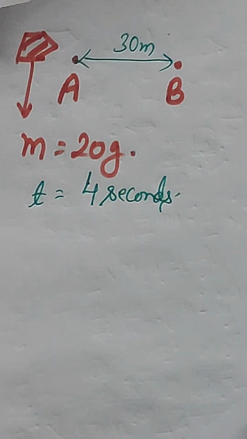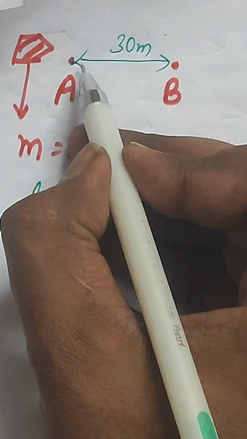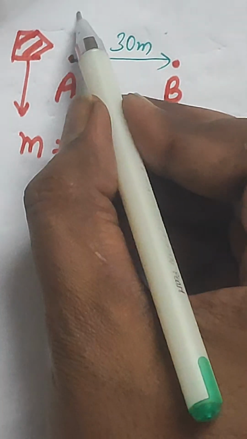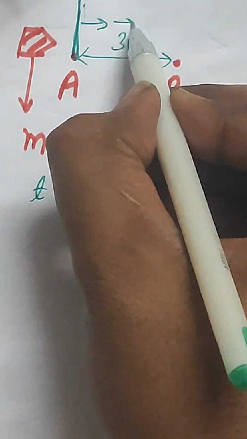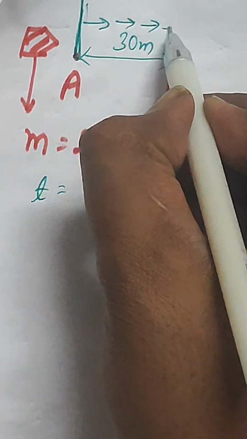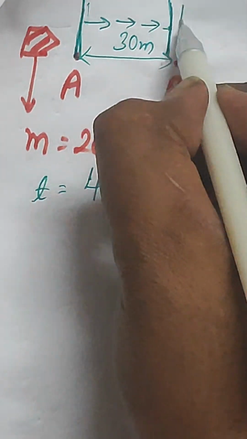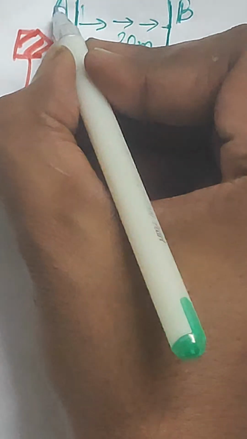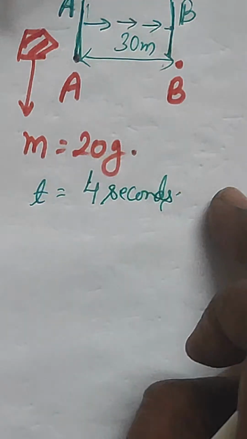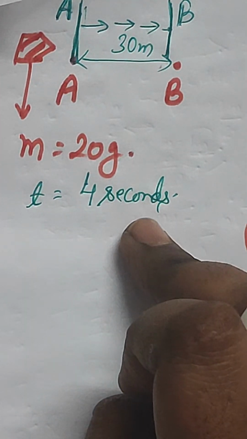We need to calculate the kinetic energy of the bullet if it moves with a constant speed. So when the bullet just reaches this point A and moves towards the right, it crosses point B. From A to B it takes 4 seconds, right?